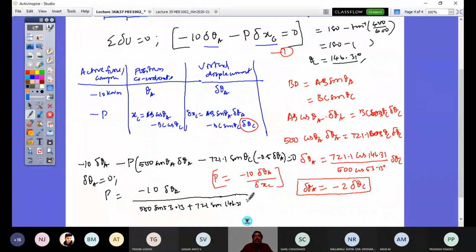See, here I made one mistake. Look here. XC is AB cos theta A minus BC cos theta C. So when I differentiate this, yeah, the cos differential, this is correct. This minus sign would be here. So when I substitute, this minus goes off. So this is plus 146.31.